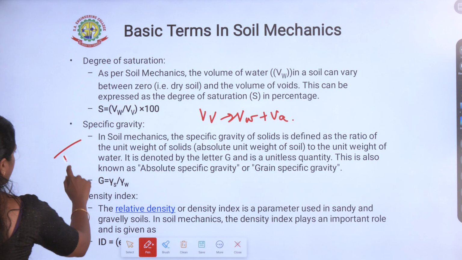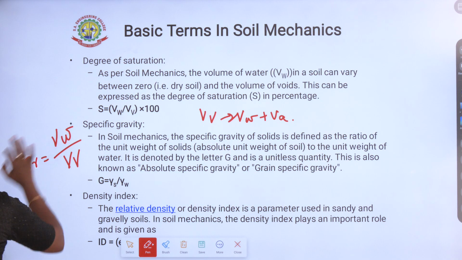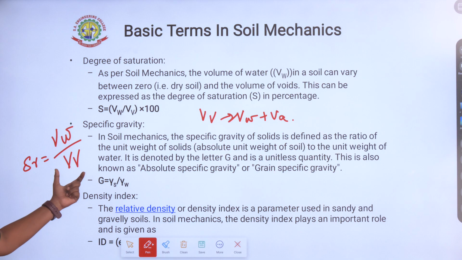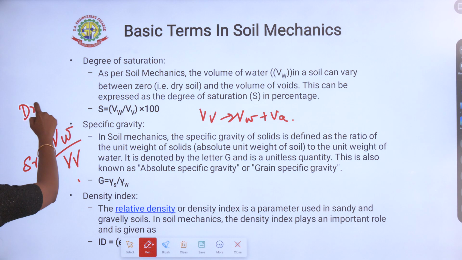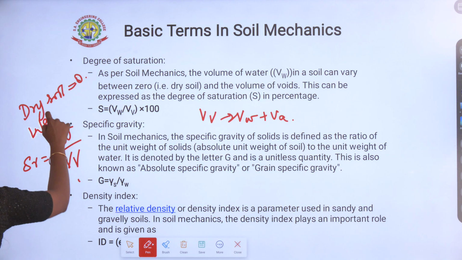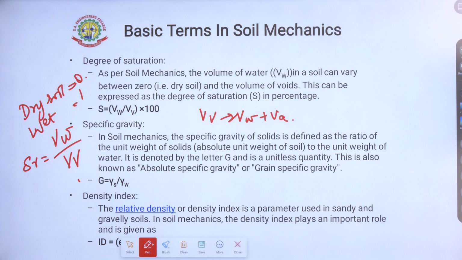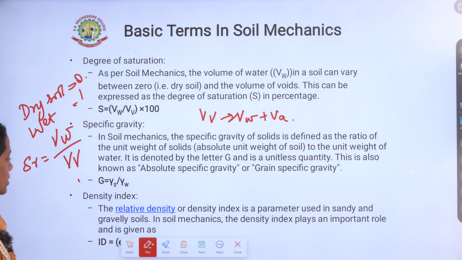If my entire void is filled with water, then it is described by the degree of saturation, Sr. For dry soil, the Sr value is equal to 0, and for fully saturated soil, the Sr value is equal to 1. So it ranges from 0 to 1. And specific gravity is the ratio between the unit weight of solids and the unit weight of water.